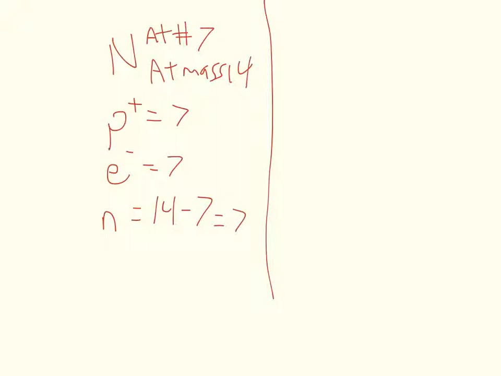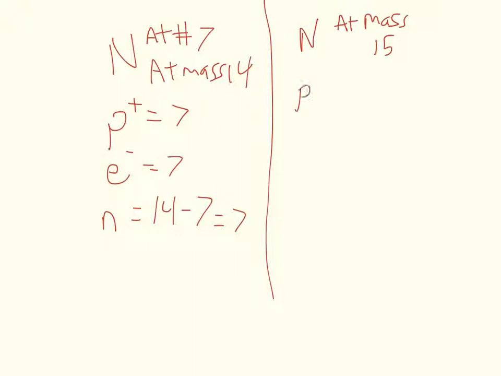On the other hand, it is possible to have nitrogen in different isotopes. Let's say you had nitrogen with an atomic mass different than the normal expected mass, let's say an atomic mass of 15 instead of 14. What would that mean?